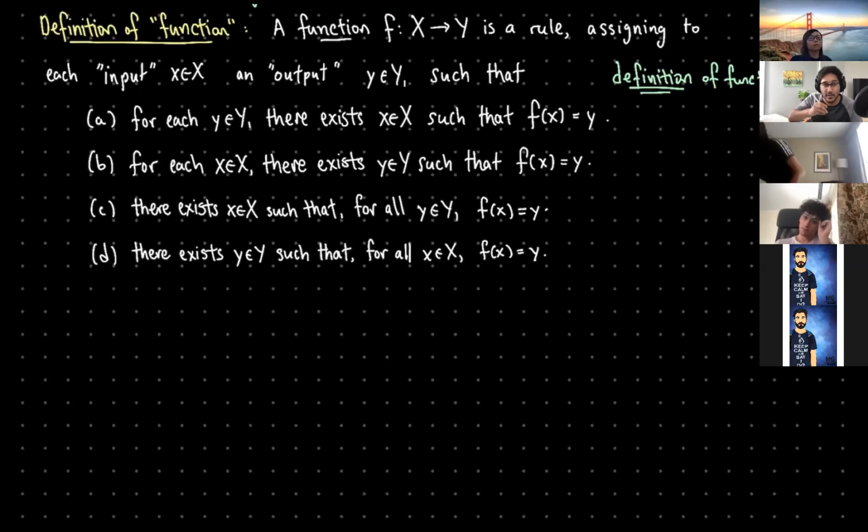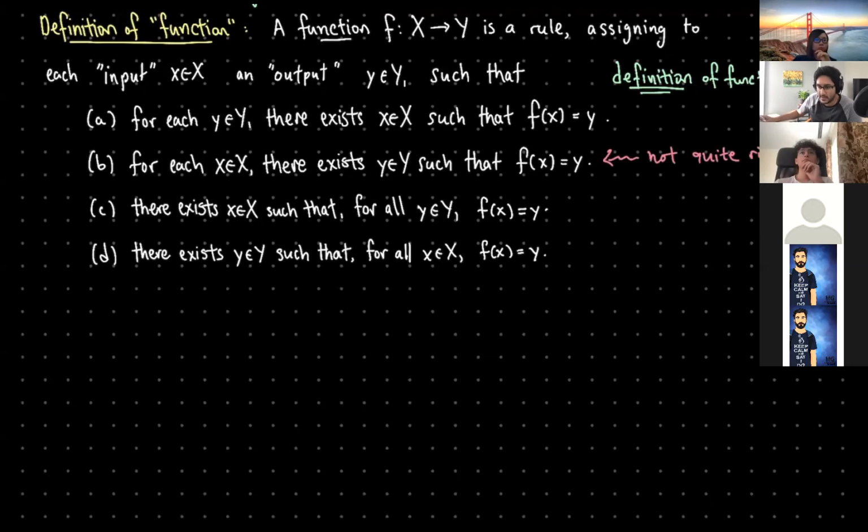So B is very close to the answer, but B isn't actually quite right. Does anybody know why? How can I make B a bit more precise? To be honest, I don't know if I did that on purpose. I think I phrased it incorrectly, or let's just say I did it on purpose.